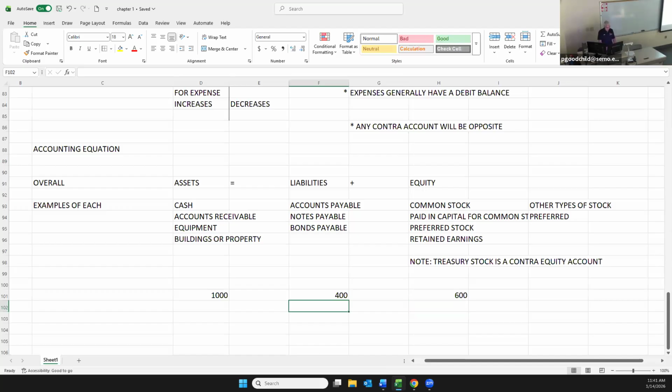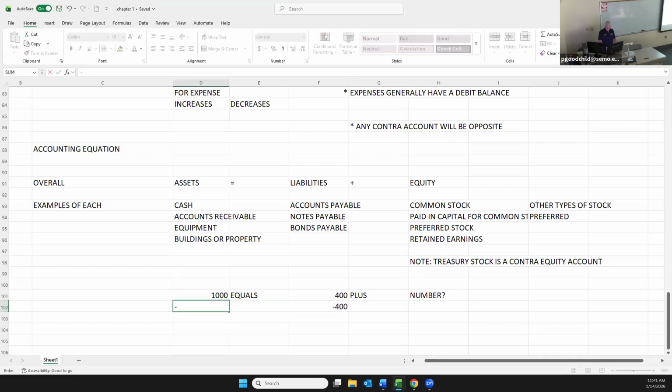Okay, so algebra would say, okay, I've got this equals this plus some number. So then what I would do is subtract 400 from both sides. And then I would end up with 600 equals the number.